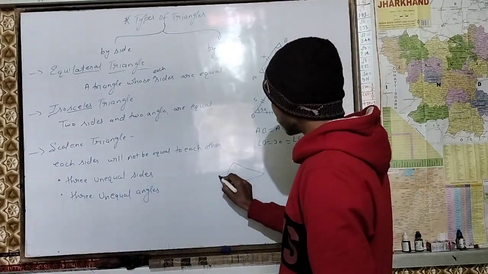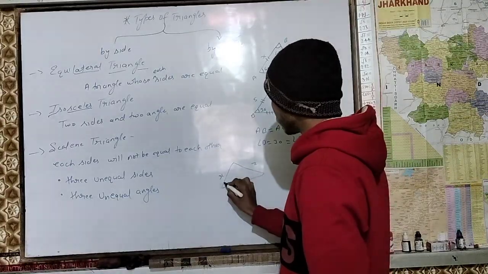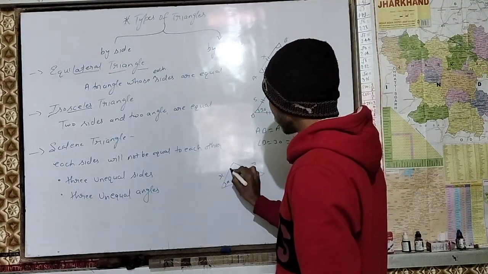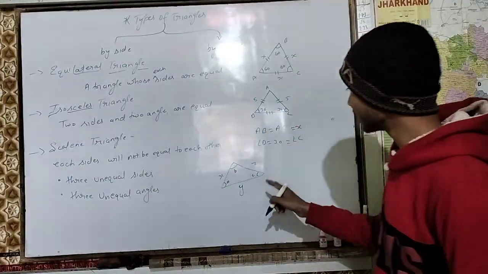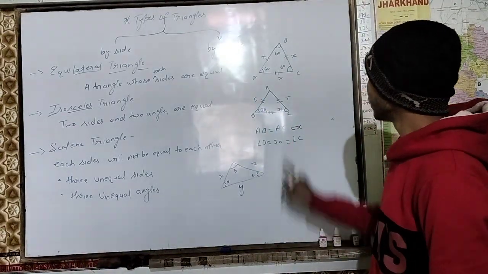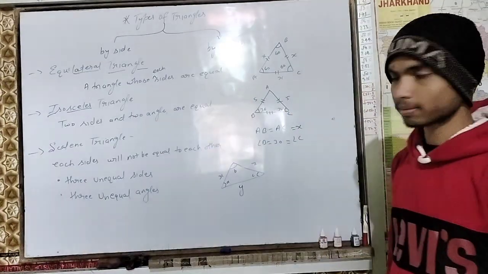Let's say if the side is x, this will be y, this will be z. A, B, C. Nothing is equal. In this case, nothing is equal. In the previous case, two things were equal. In that case, three sides were equal.